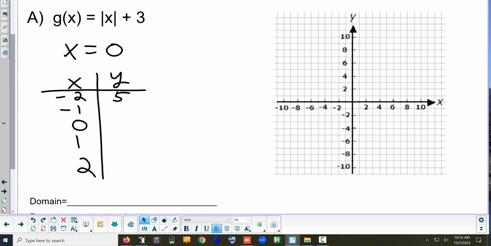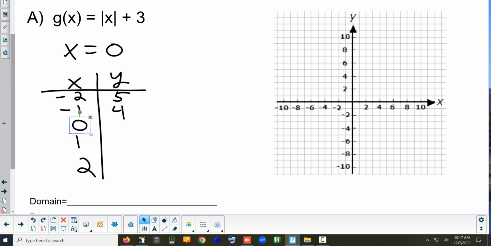What's the absolute value of -1? When we do absolute value, it needs to make it positive. So what's the absolute value of -1? Yep. 1 plus 3. 4.